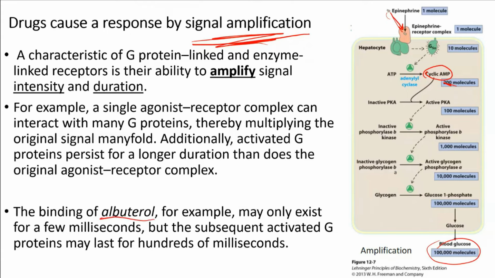Albuterol is used in inhalers, and it only exists in your respiration for a few milliseconds, but those activated GPCRs last for minutes because their downstream effect is propagated over time, even though one albuterol bound to the receptor. So it's that amplification and sustaining of the signal, the signal transduction, that causes a larger cellular response.